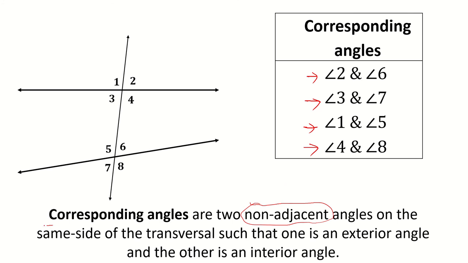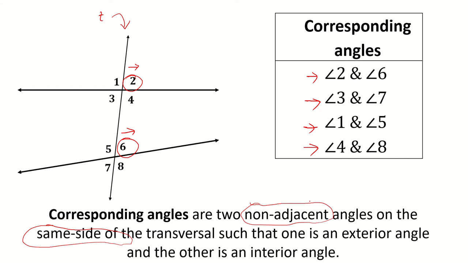Next checklist, they should be on the same side of our transversal. Let's consider angles 2 and 6. Take note, non-adjacent, they don't have a common vertex. This is the vertex of angle 2. This is the vertex of angle 6. So, they are non-adjacent. Next, on the same side of the transversal, they're both on the right side of our transversal line.